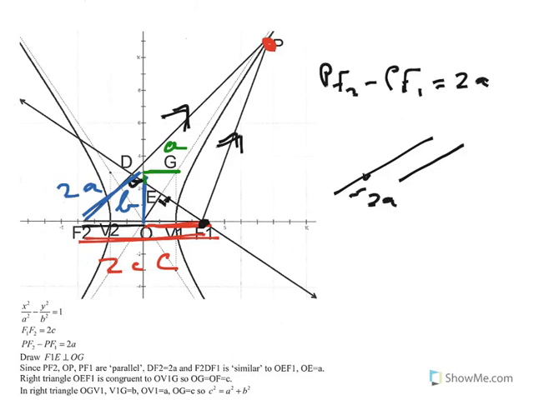And the proportion is 2 to 1, because if this is 2c and this is regular c, and this is 2a, this here will be regular a. So I have a right triangle here with a in it and c in it. And I have another right triangle up here. It has a as its top side and b as its vertical side.